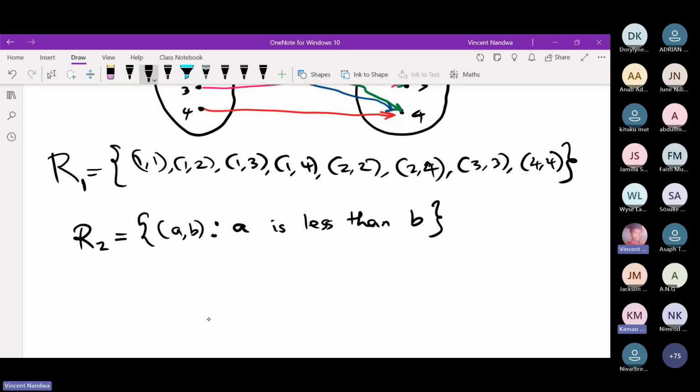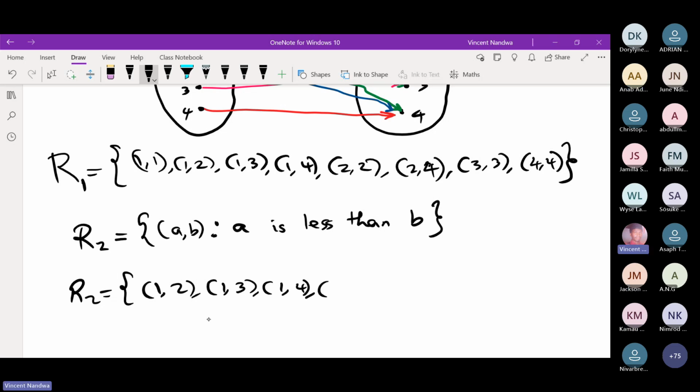The easiest way is to draw the two sets and then start relating. So R2: what would be the first element? The first number must be less than the second number. (1,2), (1,3), (1,4).